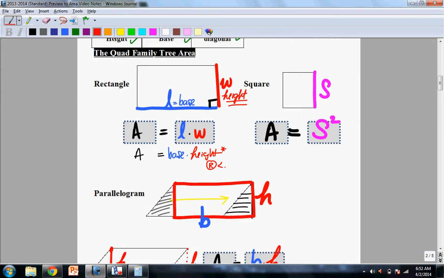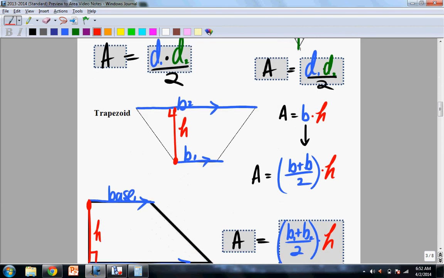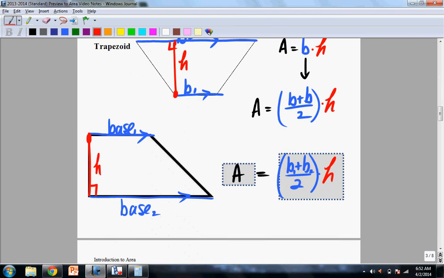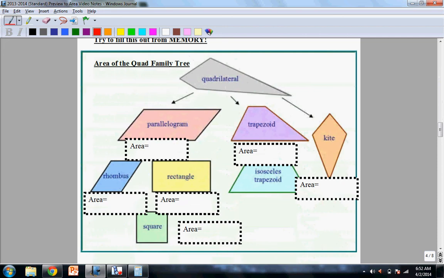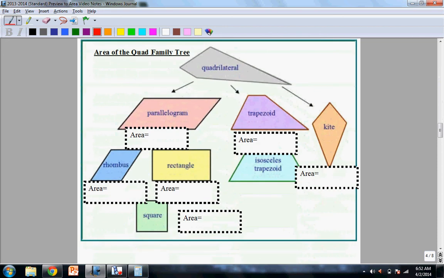Now take just a few seconds, glance over these two pages. Come over to this page, and when you're ready, I want you to try to write out these area equations for all of these from memory. Try to fold your packet back so you can't see any of them.